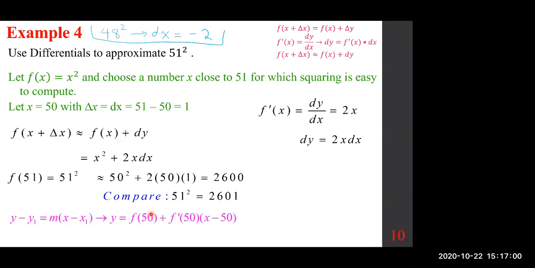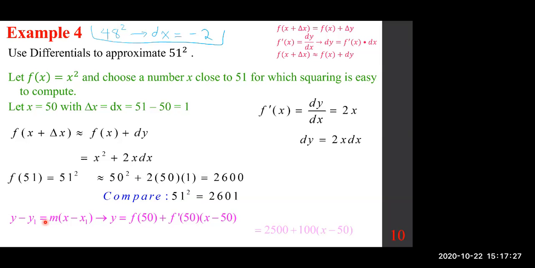Plus, now, what is m? It is the slope. F prime of x is 2x, replace it with 50. That's how you find this slope. So I hope you see this is a point slope. Also, I've written it in this format just to refresh your memory of what you have seen in calculus. So understand they are the same. You can even completely ignore that and go with this: write the pair, write the slope, plug in.